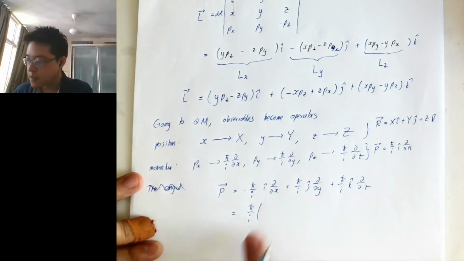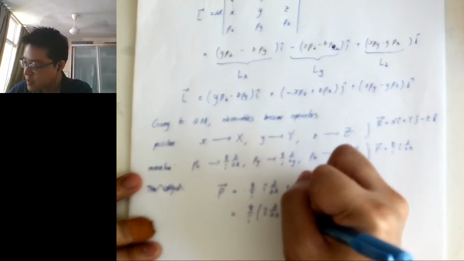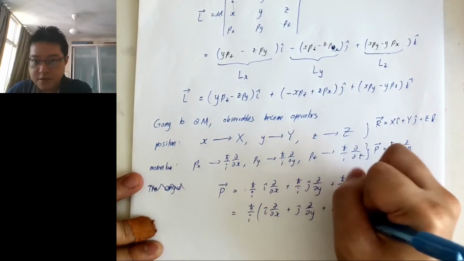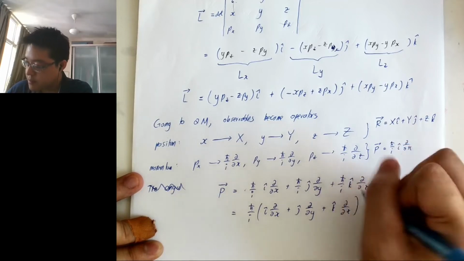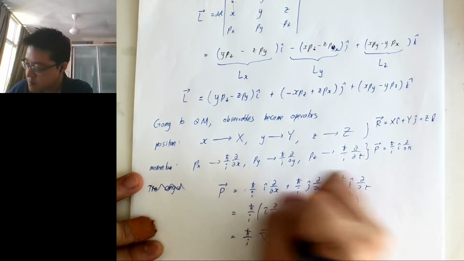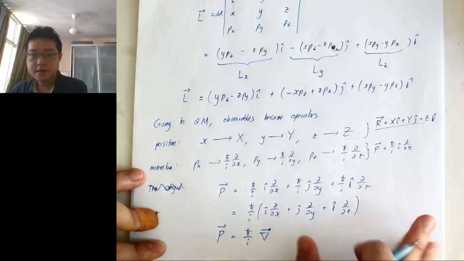And then we recognize this as the gradient operator, the del operator, right? So this is d dz, right? So this is actually h bar over i, the nabla, the del. Okay, so this is my momentum operator. Position operator is like this.